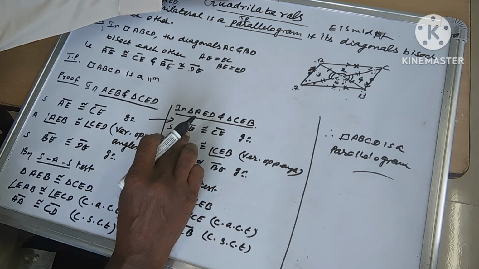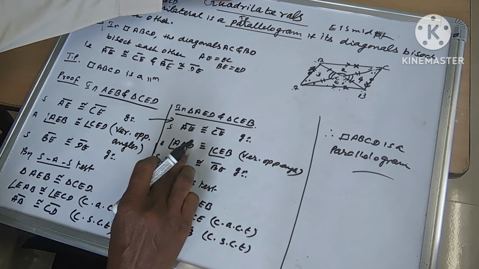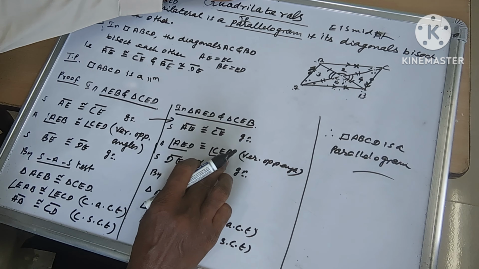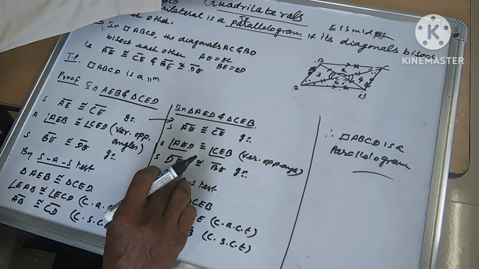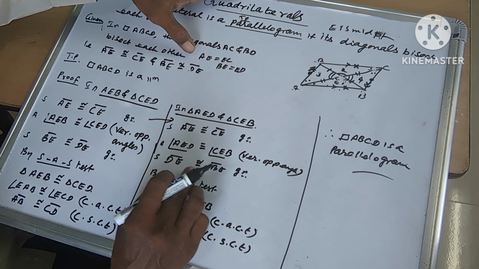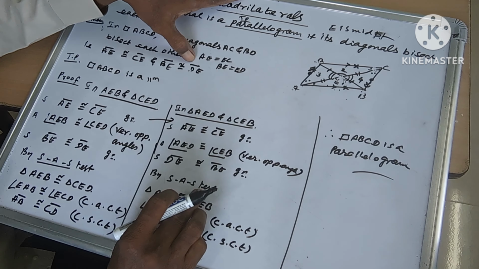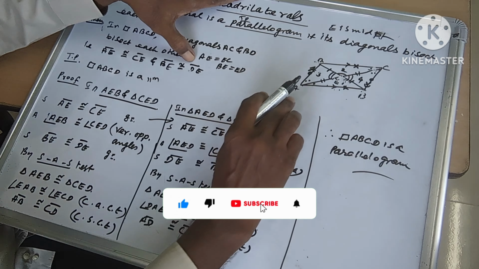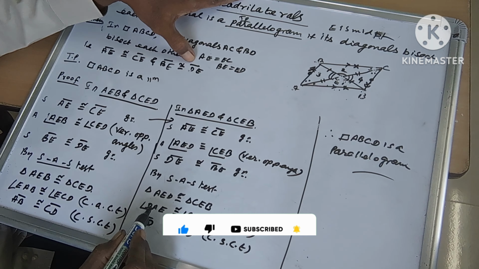Now, the same way, AE, EC, angle AED is congruent to angle CEB, and DE, DE. By the SAS test, these two triangles, 3 and 4, are congruent.